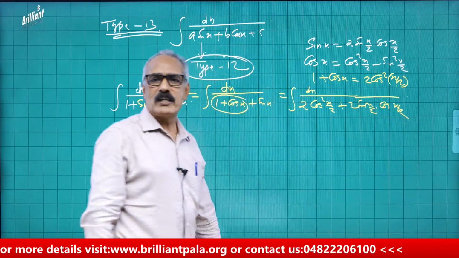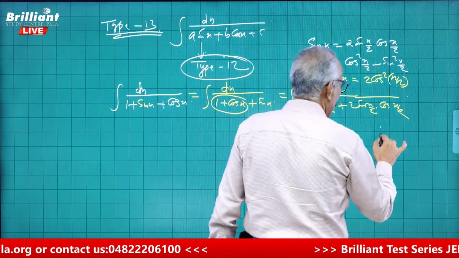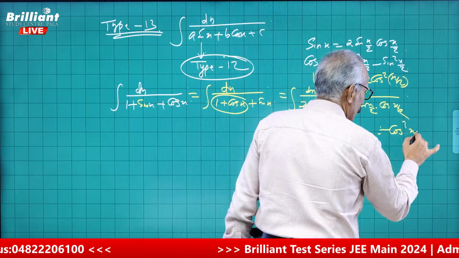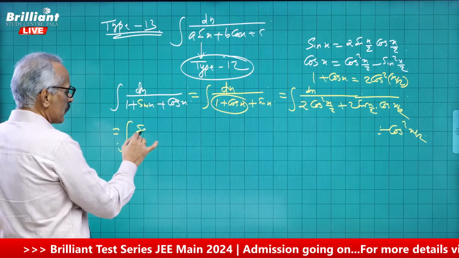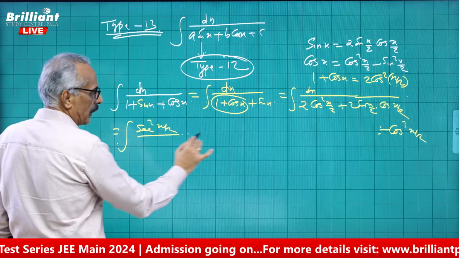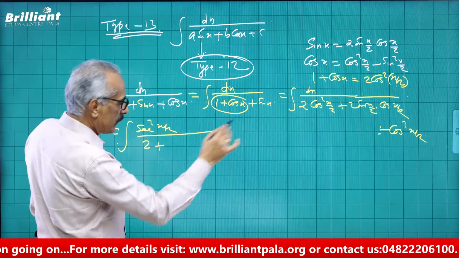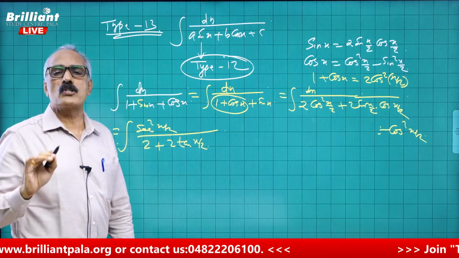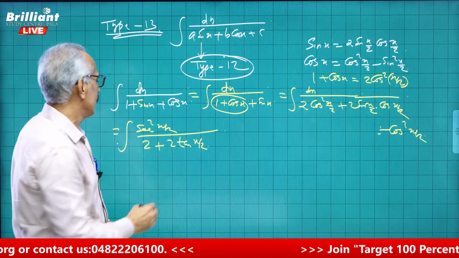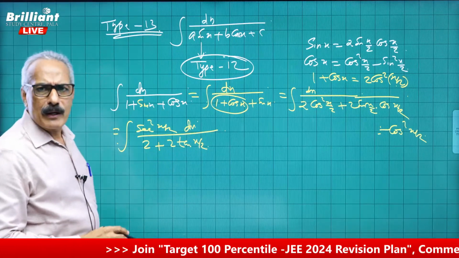Fine. I have changed that into second degree. Now what do you do? You divide by cos square x by 2. The numerator will be sec square x by 2, and the denominator becomes 2 plus 2 tan x by 2. Divide every term by cos square x by 2. How simple, look at. Now let me take this 2 and give it to the numerator.